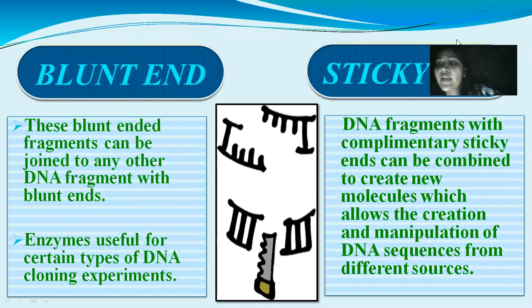Then we can extract that insulin from the bacteria, right? So that is one of the applications where restriction enzymes are used and where gene manipulation has helped us achieve a very big goal. Because before that it was really difficult to use horse or pig originated insulin, which was very difficult to extract as well.